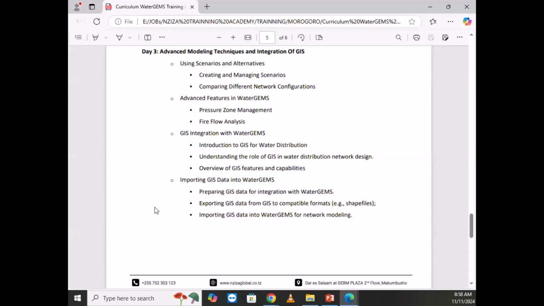The layout that you may have in GIS, in a water distribution system, most of the time you're dealing with maps. So you can take those shapefiles that you are using in maps and then import them in WaterGEMS and run your network. Without seeing it on a map only, you will be able to run it in WaterGEMS.